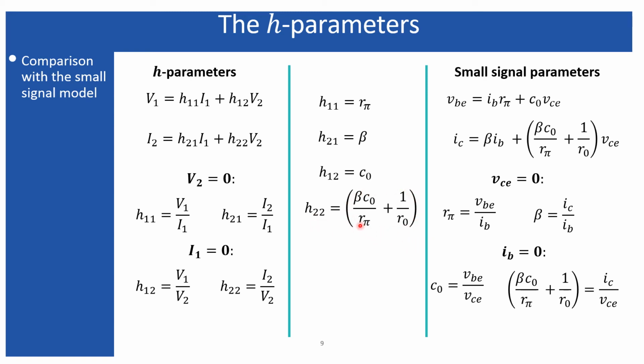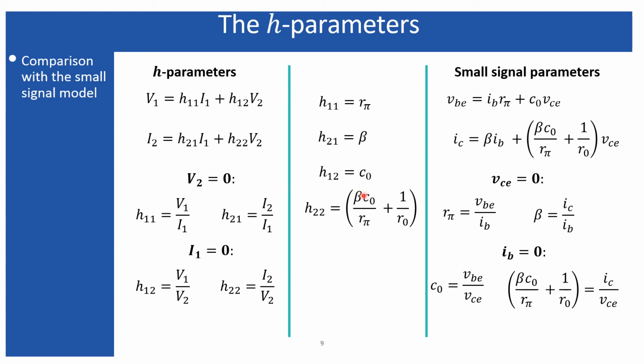Now if you neglect the early effect for the input case, that means C naught is equal to 0, because we have seen earlier that the early effect associated with the input terminal for common emitter configuration is very small. If VC increases, IB decreases, but the magnitude by which IB decreases is very small.